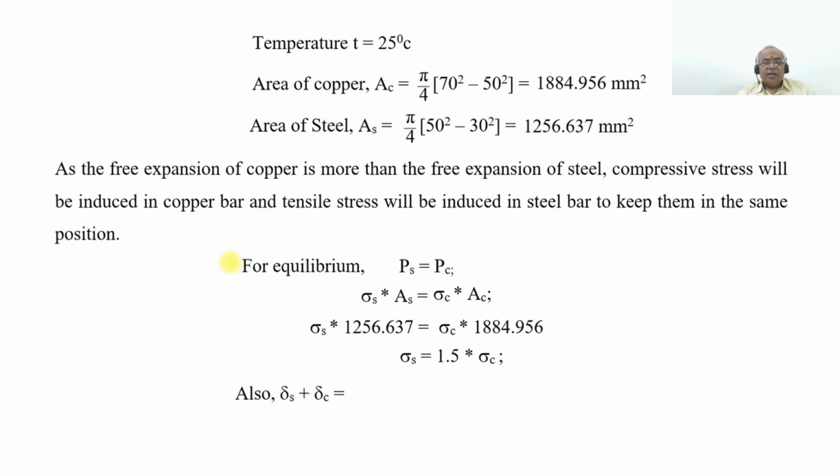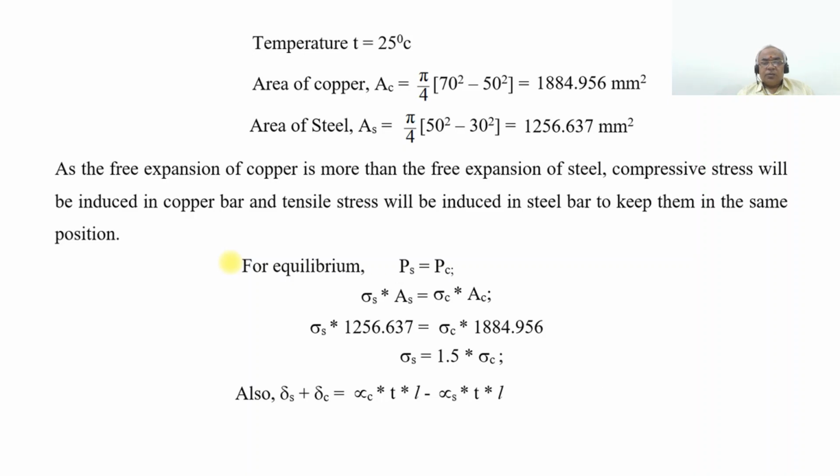Also we know that delta S plus delta C will be equal to alpha C into T into L, the free expansion of copper, minus alpha S into T into L, because compressive stress will be induced in the copper and tensile stress will be induced in the steel bar.